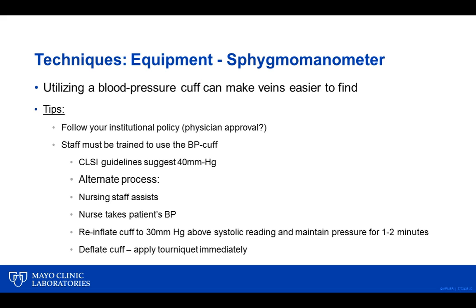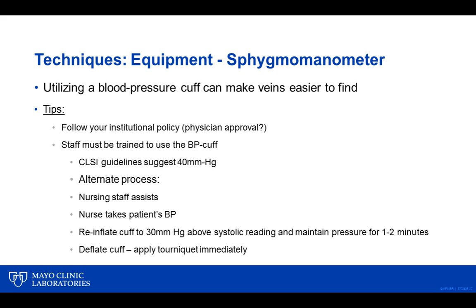Another technique that is often used is taking the patient's blood pressure. Again, depending on the institution, this may involve nursing, but taking the patient's blood pressure, then reinflating the blood pressure cuff to about 30 millimeters of mercury above the systolic reading and allowing that pressure to stay for 1 to 2 minutes.